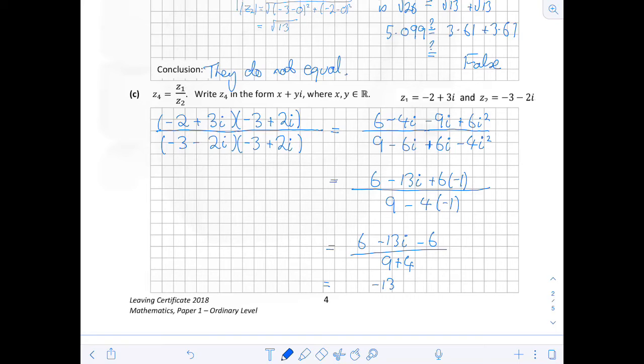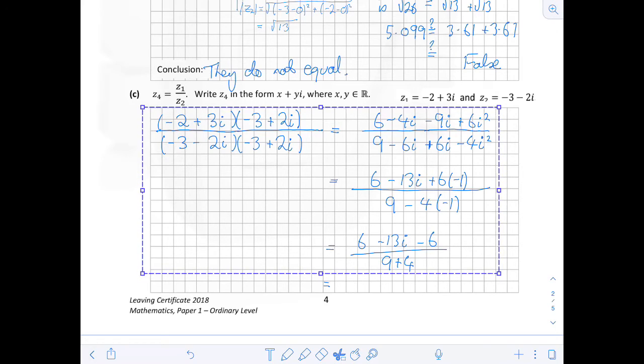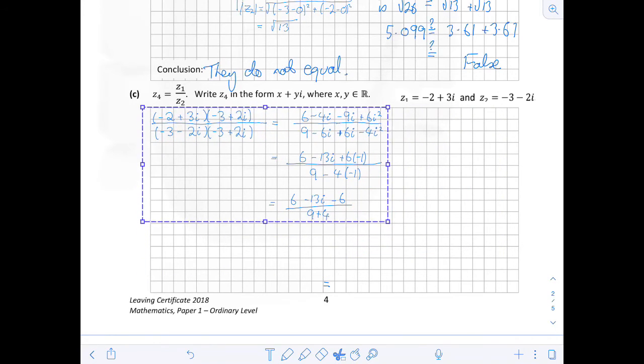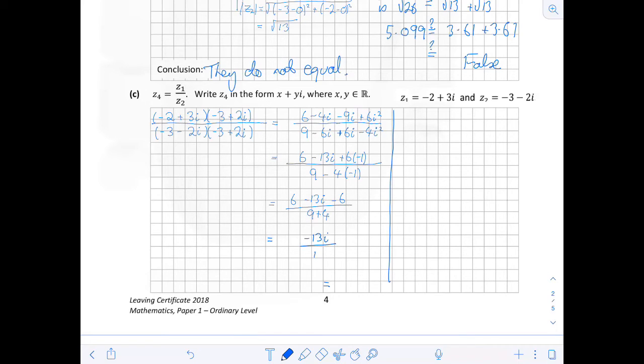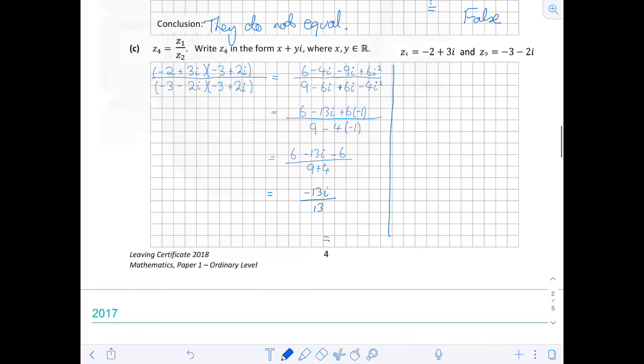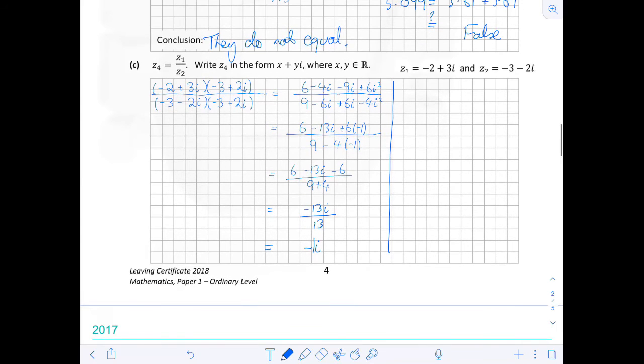I'm going to make it smaller again, do my trick again. So it's going to equal minus 13i all over 13, which is equal to minus i, or minus 1i if you want. And that's going to be our answer.